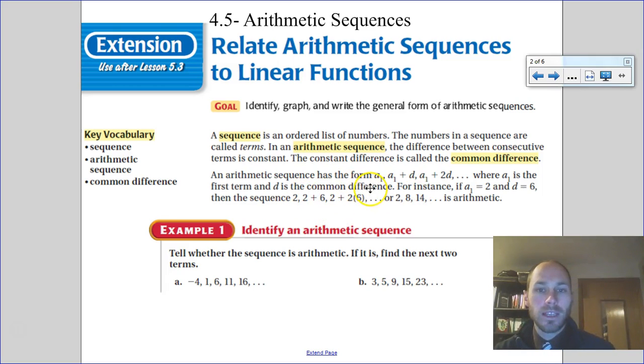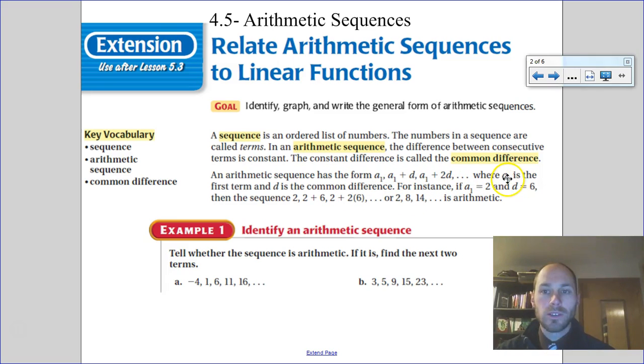When we refer to an arithmetic sequence, we use the form a sub 1. That refers to the first term. So a sub 1 plus d, the first term plus the difference. A sub 1 plus 2d, meaning I take the first term and add the difference twice to get to that third term.